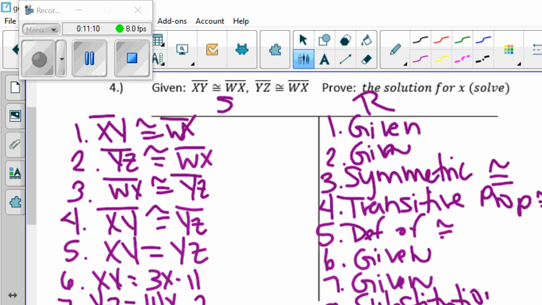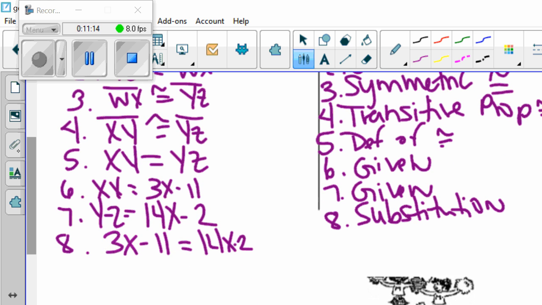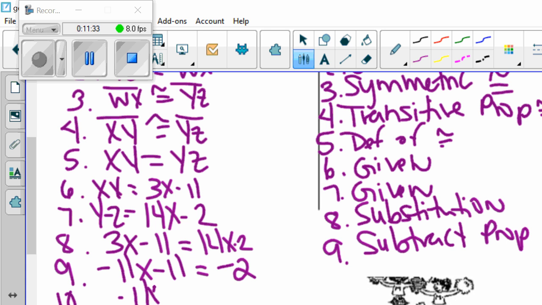I'm ready to solve this. To get all of my x's on the same side, I'm going to move my 14x over, so all of my x's are on the left-hand side. So I end up with negative 11x minus 11 equals negative 2. This was subtraction property of equality. Move my 11 over, so I get negative 11x equals 9.